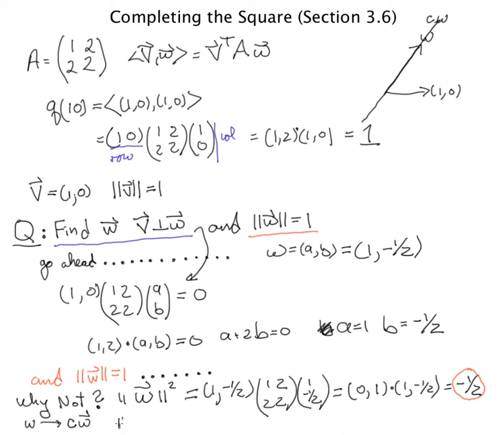And what would that make the length be? Well, the length of c times W is the absolute value of c times the length of W, and the length of W is minus a half, so you get minus 1/2 times the absolute value of c, and there's no way to make this equal to 1, because the absolute value of c is a positive number. So the answer is it's impossible.